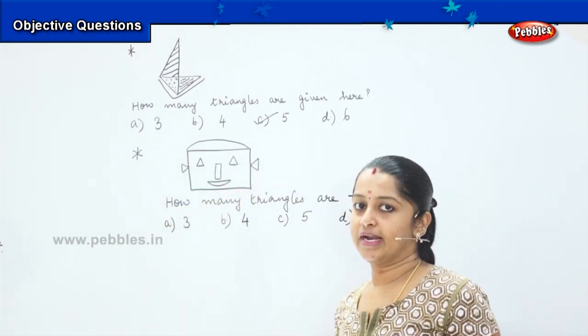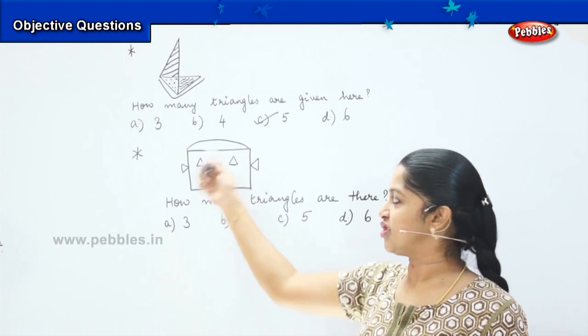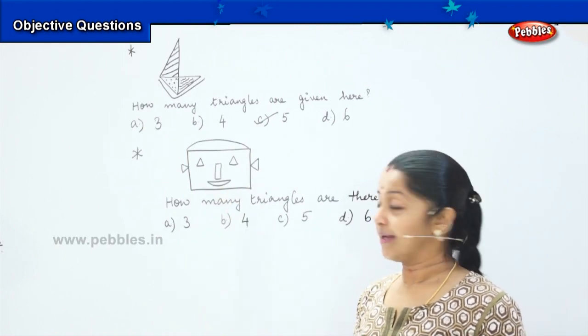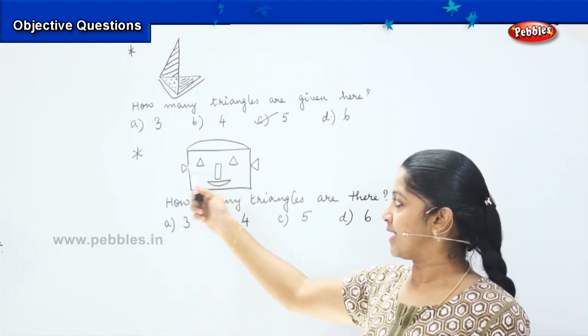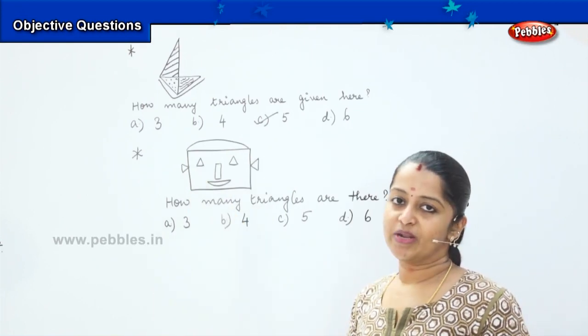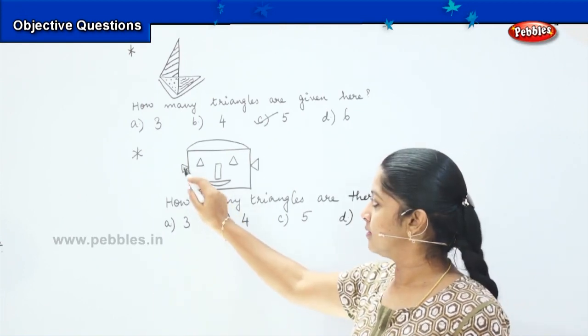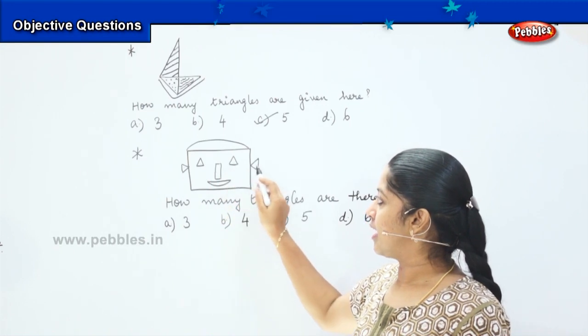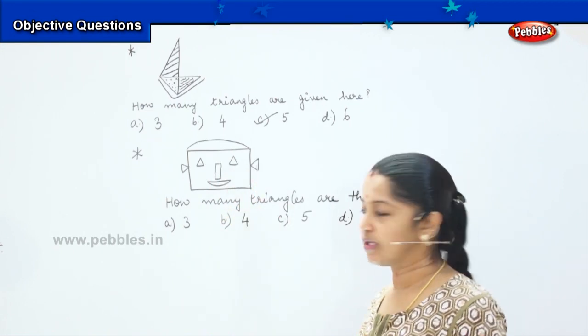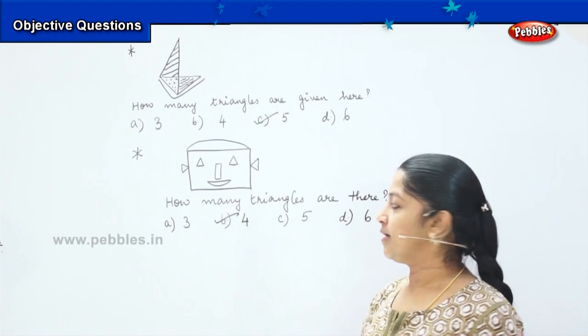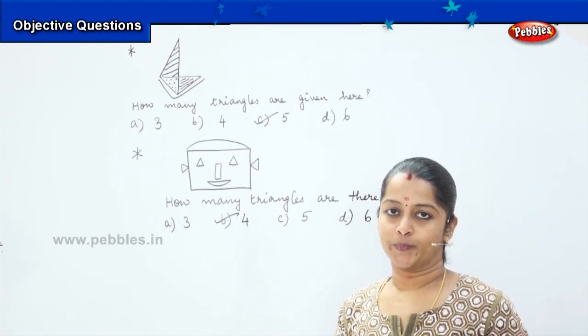Can we count the number of triangles? Where can you see the triangle in this picture? Correct. You have 2 towards the eyes and 2 towards the ears. So, how many triangles in all? 1, 2, 3 and 4. So, which is my right option? It is option B, which is 4.